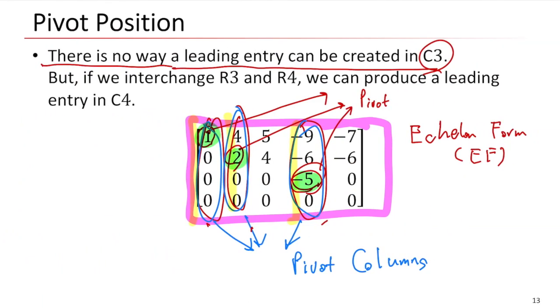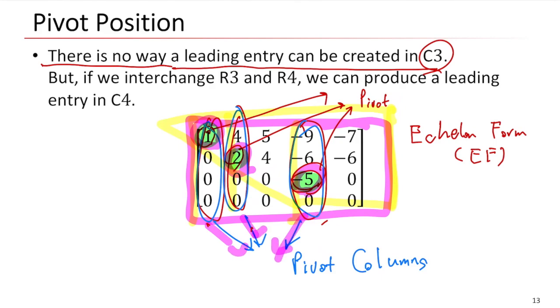So this matrix is called the echelon form of the original matrix A, right? So finally, there are pivot positions like this, and there are 3 pivot columns, right?